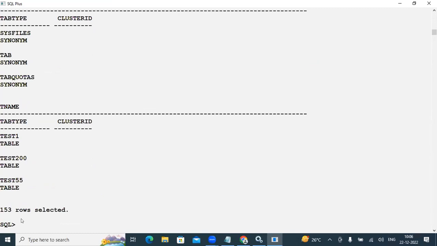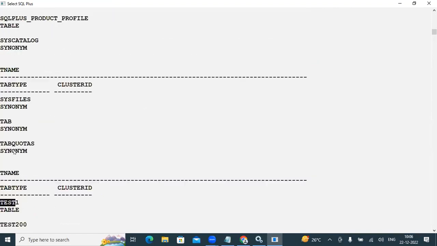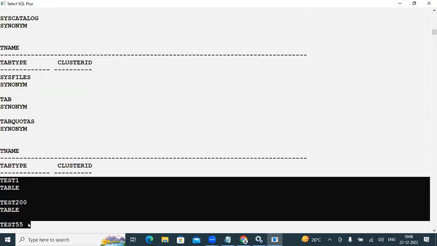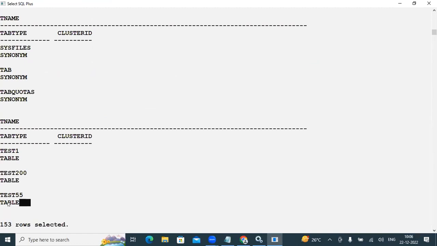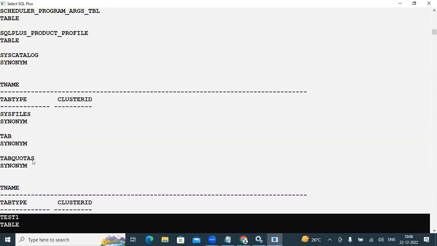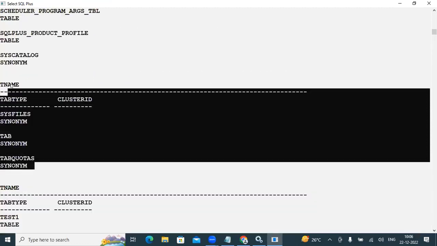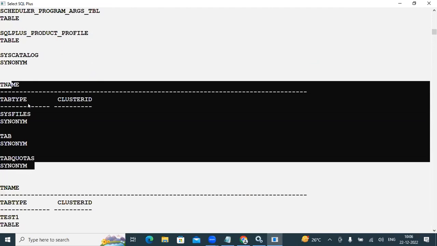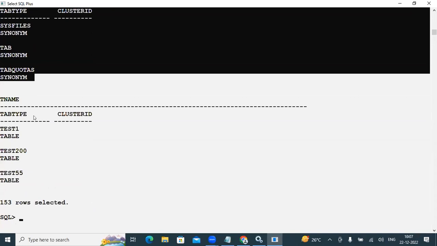Okay, so 153 tables, and here test number 55, test 200, test 1. These are our creation tables, user creation tables. So user creation tables and already system-defined tables are all in this system user. That's why you will be confused here about which is my user-defined and which is predefined.